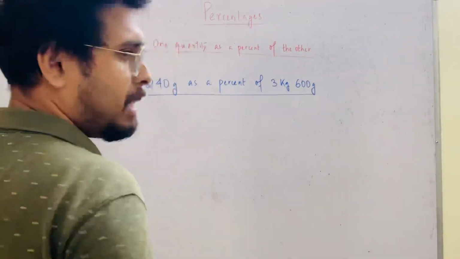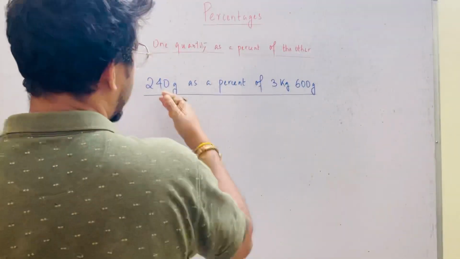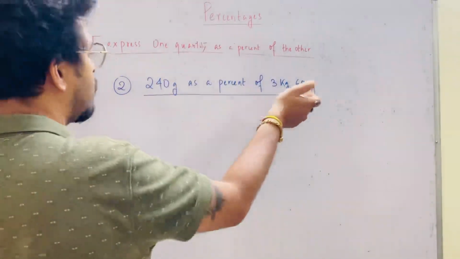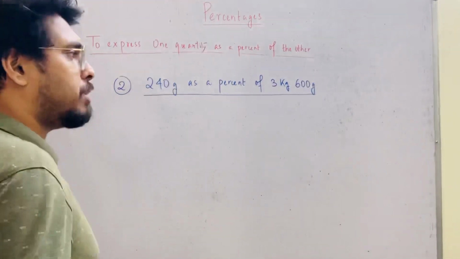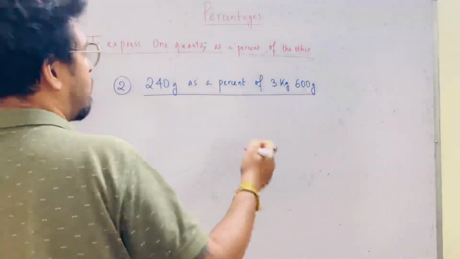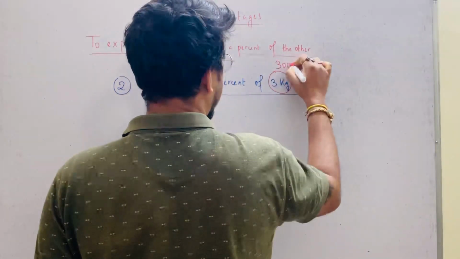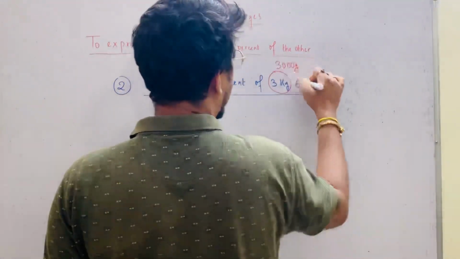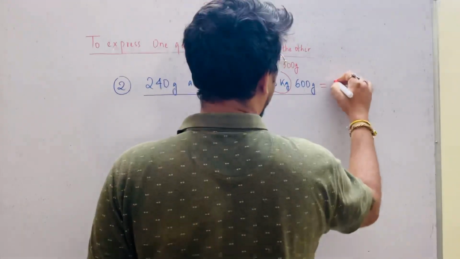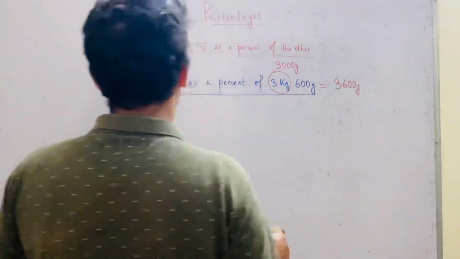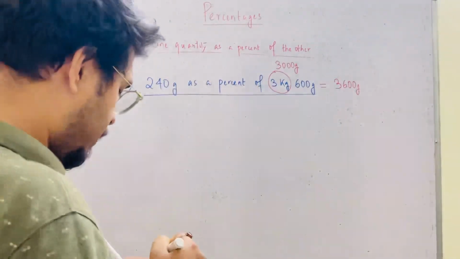So again, same thing. We have to first of all convert both of them into kgs or both of them into grams. It is easier to convert kgs into grams. So 3 kg means 3000 grams, and along with 600 grams, this will become a total of 3600 grams. And here we have got 240 grams.